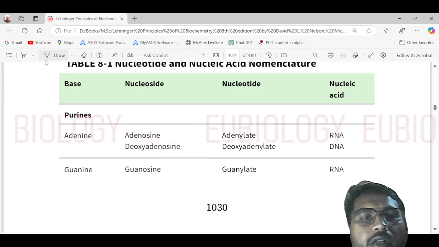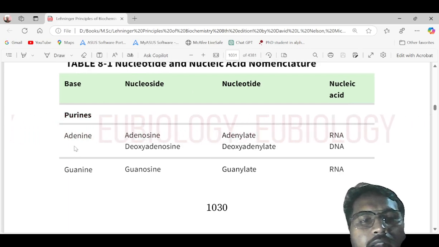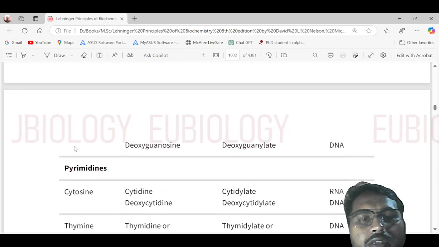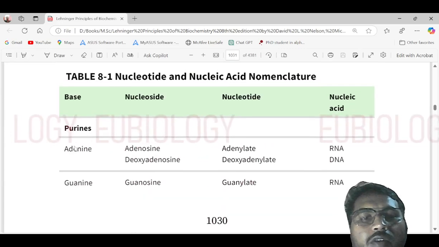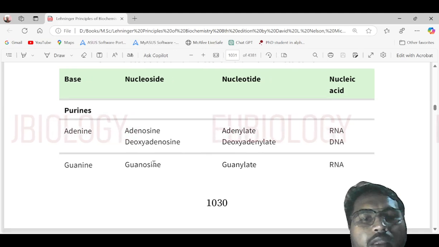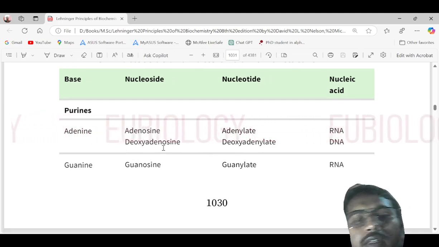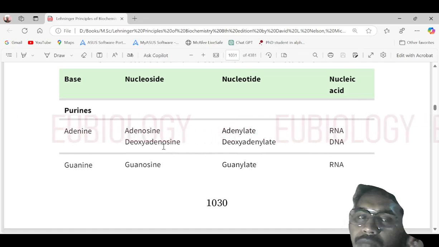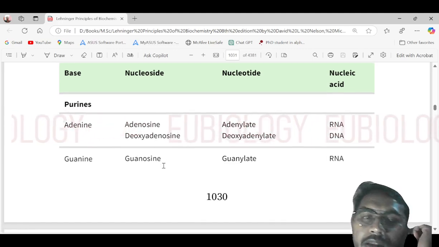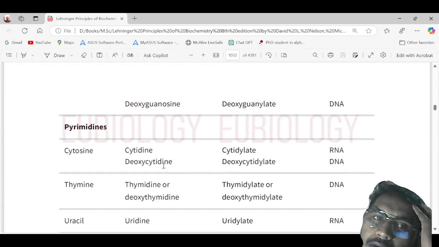If you see the nucleoside and nucleotide names for adenine, guanine, cytosine, thymine and uracil, what will the name be? If it is a nucleoside, the phosphate will not be there, then it will be called adenosine. If it is in DNA, it is called deoxyadenosine. Same for guanosine in RNA, and in DNA it will be called deoxyguanosine.